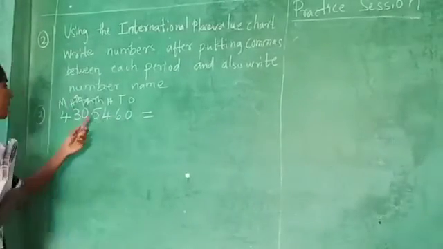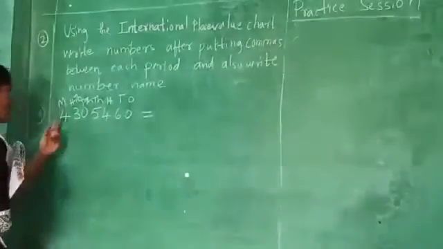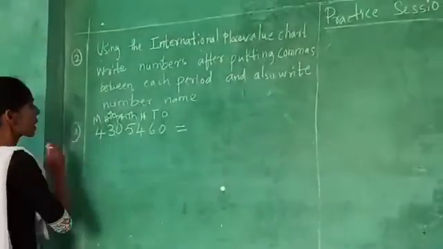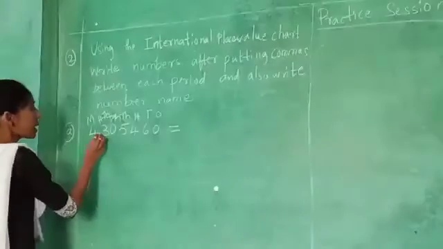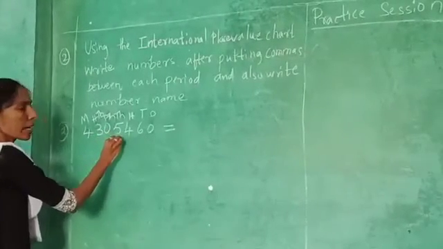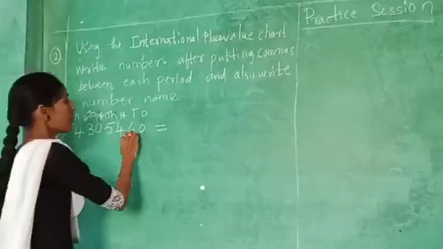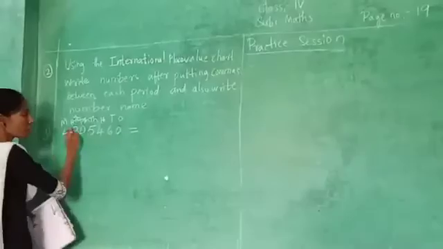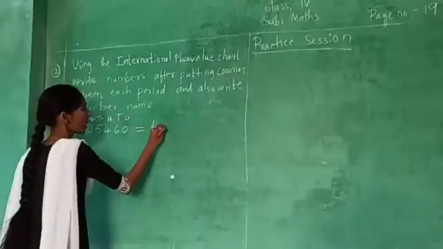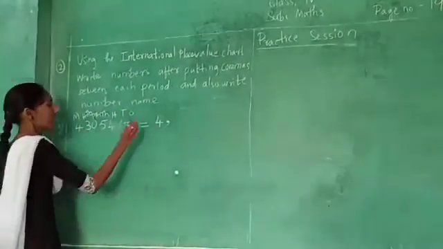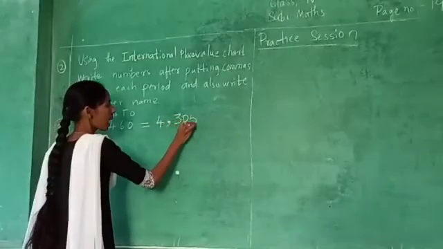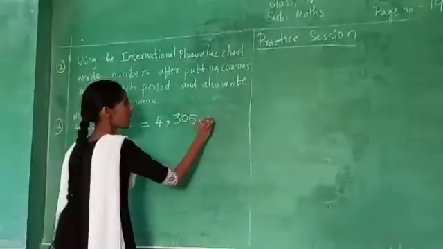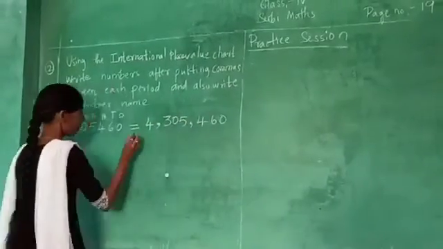Now how will we read this number, 4,305,460? We have to give commas. After 4 million we have to give a comma, and after 305 thousand we have to give a comma. Next, 460.